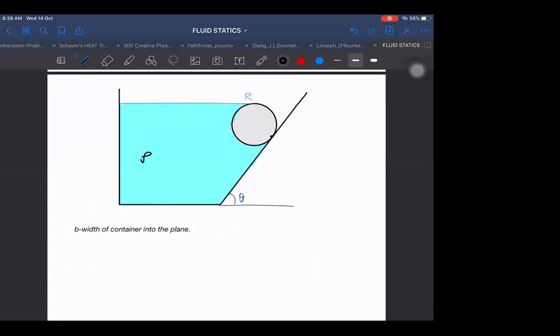Other than that, angle is given, density is given, density is rho of the liquid.